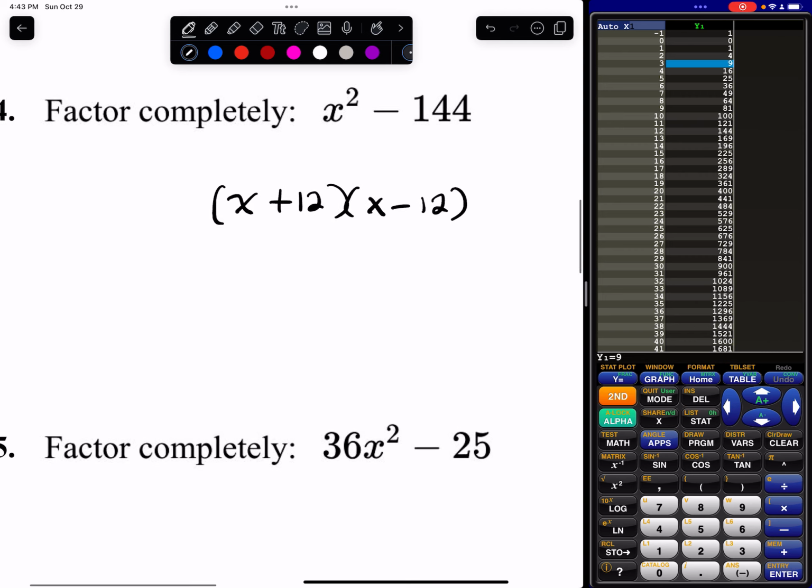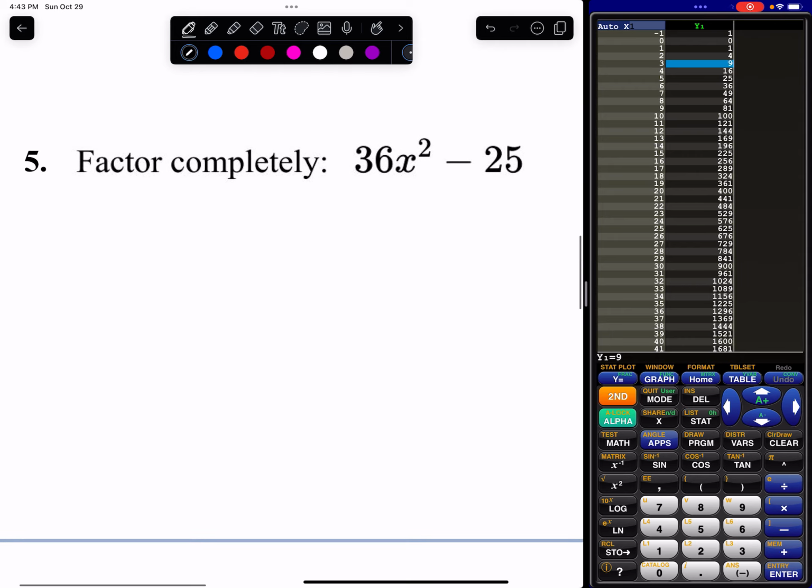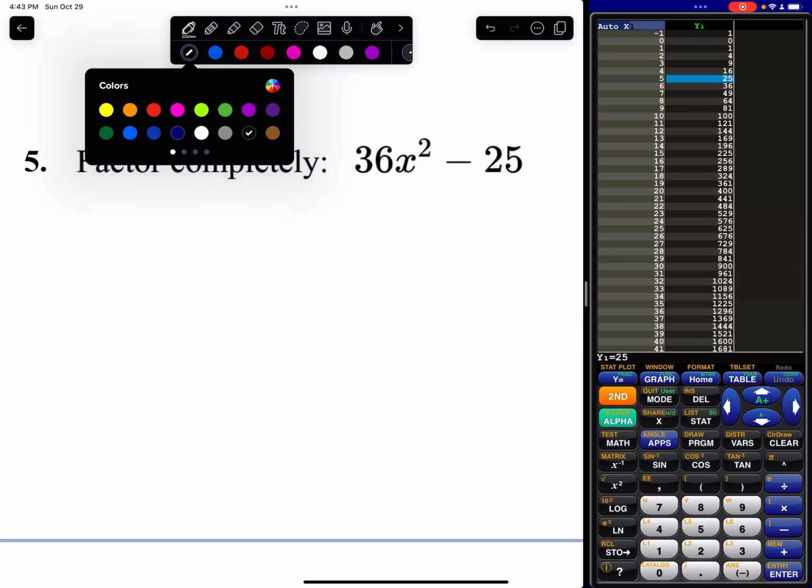Now sometimes, if we roll down, you can see here we've got 36x squared minus 25. If you notice, all of these numbers are actually perfect squares. 36 is a perfect square, and 25 is a perfect square. We're subtracting, which means a difference, and we also have x squared, which is a perfect square.